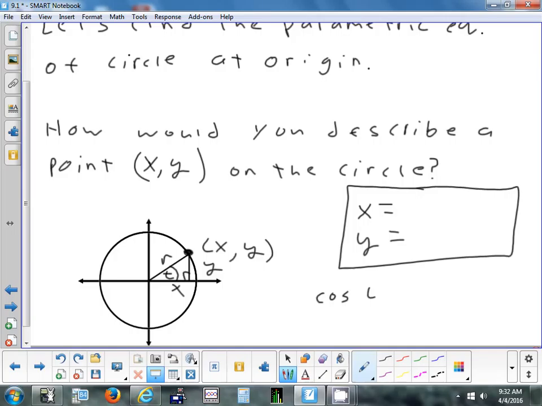So cosine of my angle. What's the side adjacent to t? X. What's my hypotenuse? R. And now, if you got x by itself, how would you move r to the other side? Multiply by r. There's your formula for x: r cosine of your angle.